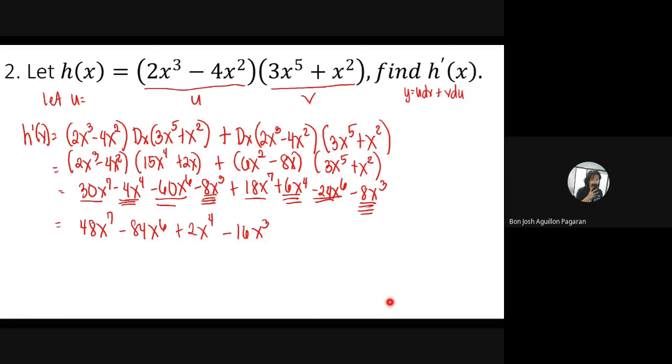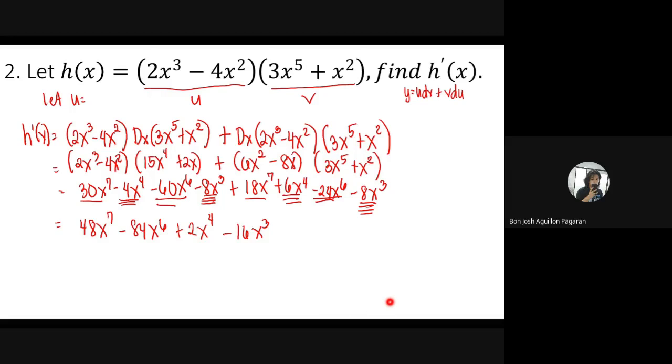Check na ako, parang something went wrong to my solution. Himayin nga kung nasaan ako nagkamali. Okay.